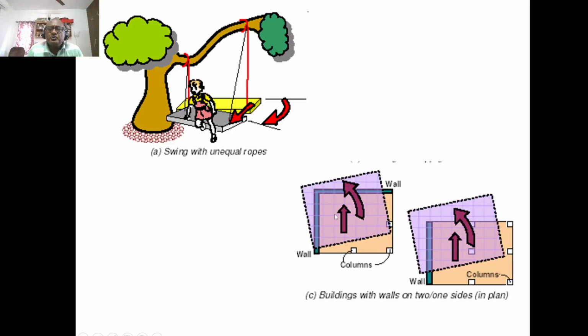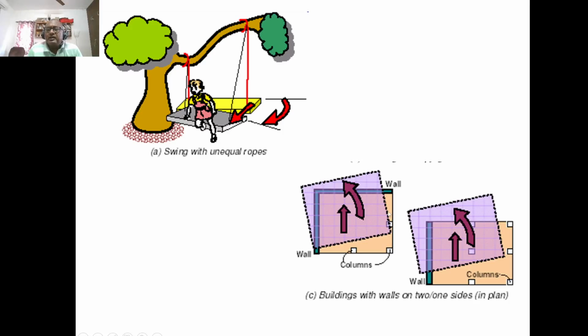This obviously shows that, for example, there are columns here and there is only a wall here. So this is a situation which brings stiffness and stiffness distribution wrongly. So there is a possibility of mass distribution as well as stiffness distribution problems. The stiffness distribution happens because there is a heavy wall on one side and there are only columns this side.